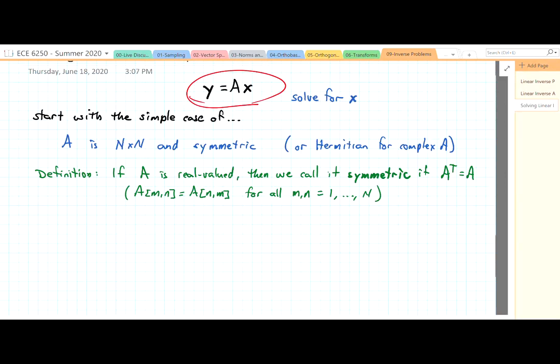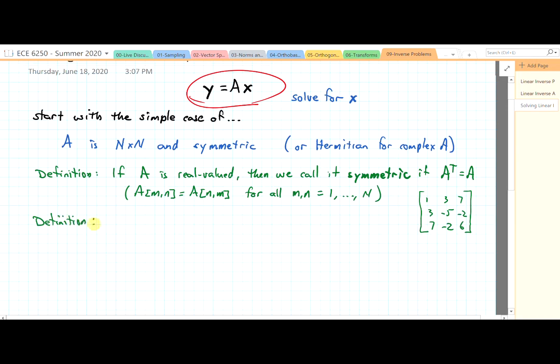So a nice simple example: 1, 3, 7, 3, 7, minus 5, minus 2, 6, minus 2. Next definition.